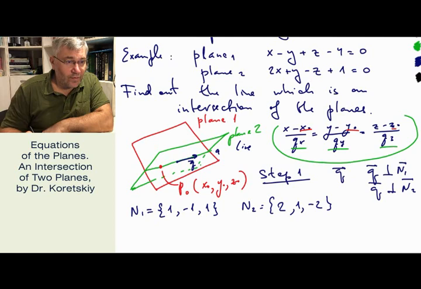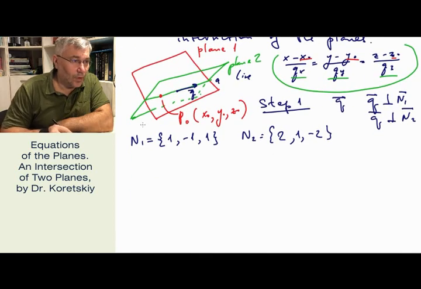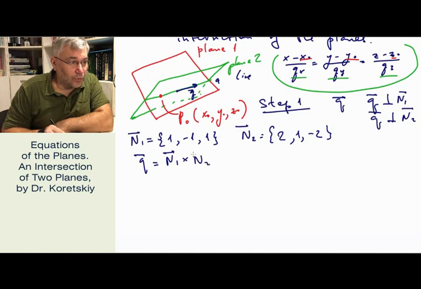Since vector q is perpendicular to both n1 and n2, I forgot to put the bar because they are vectors, q is the cross product of the vectors n1 and n2.